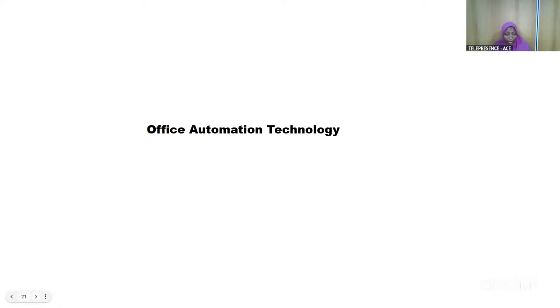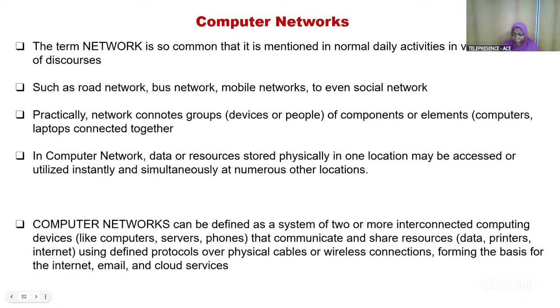And of course, when you have a tool, it depends on what you are able to do with the tool. So for the technology in office automation, I mentioned the key players when I was introducing this segment. What I want to talk about now is computer networks.